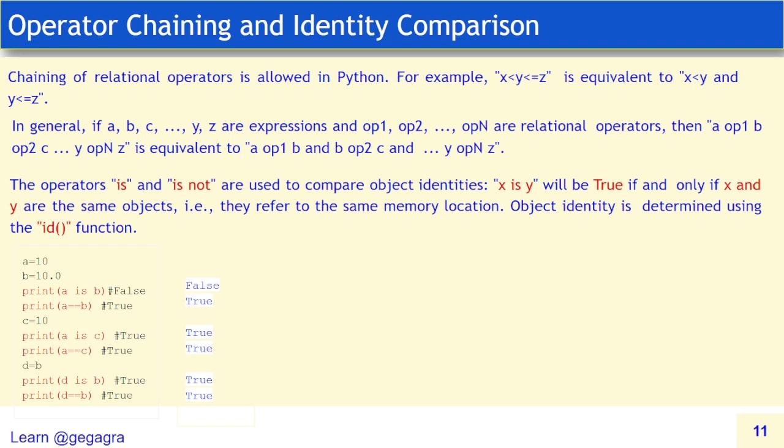And of course d is equal to b because d is having 10.0 and b is also having 10.0, that is why equal. So in this case memory location is the same, so it returns true. And when we compare a is b, a equals to b, or d equals to b, this is also true because they are having the same values.